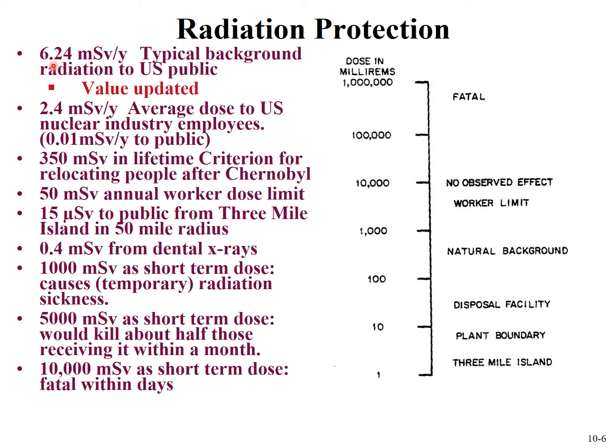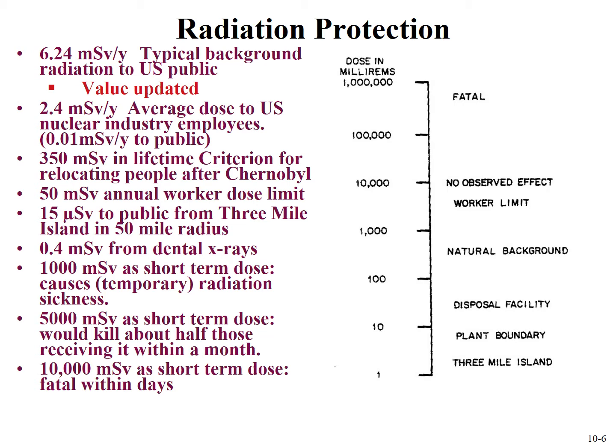If you look at the annual background of about 6 millisieverts per year, a temporary short-term dose of 1,000 millisieverts causes radiation sickness. 5,000 millisieverts, 5 sieverts, as a short-term dose would be an LD50 for a month. And 10,000 millisieverts, 10 sieverts, as a short-term dose would be fatal.